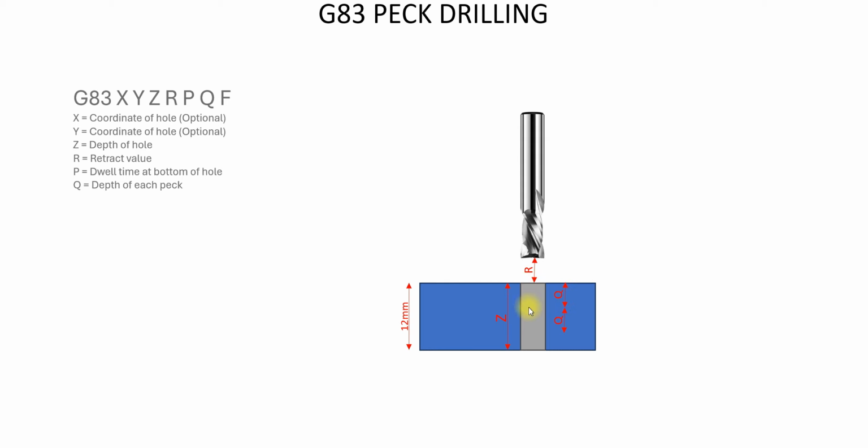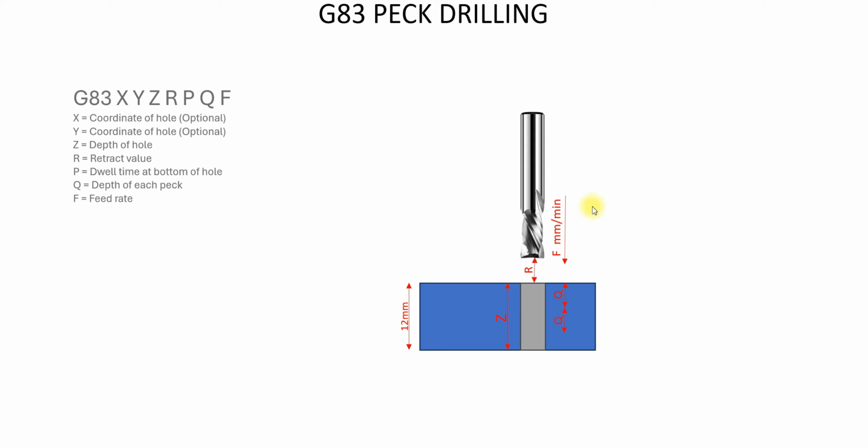So every time it will go down, it will retract up and get rid of the chip, then it will go 8 down, then it will retract, get rid of the chips again, and then it will go through, retract, and end the cycle. That is how it works.